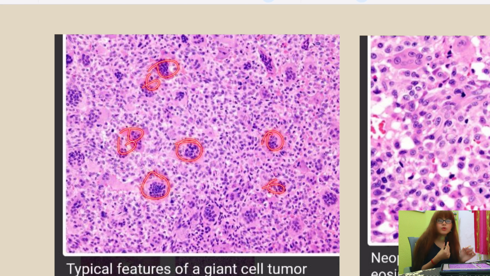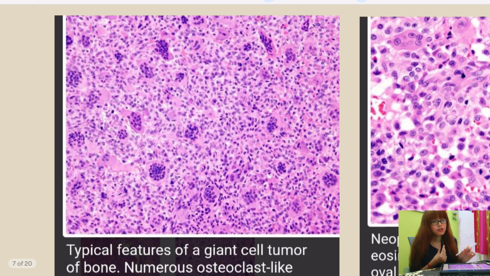Now I just want to tell you here itself that giant cells are not only present in giant cell tumor, they are present in multiple other entities. One important point to understand is that in the case of aneurysmal bone cyst, you will find that these giant cells are present, but along with that, there are cystic spaces filled with blood.